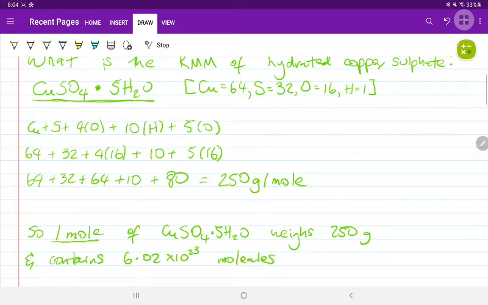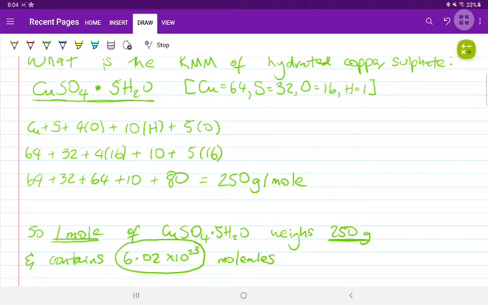Once you deal with 1 mole of anything, it contains the Avogadro's number of particles, and all those particles will have a certain mass, which is given by its relative molecular mass if it's a compound, or if it's an element, it will be given by its relative atomic mass.